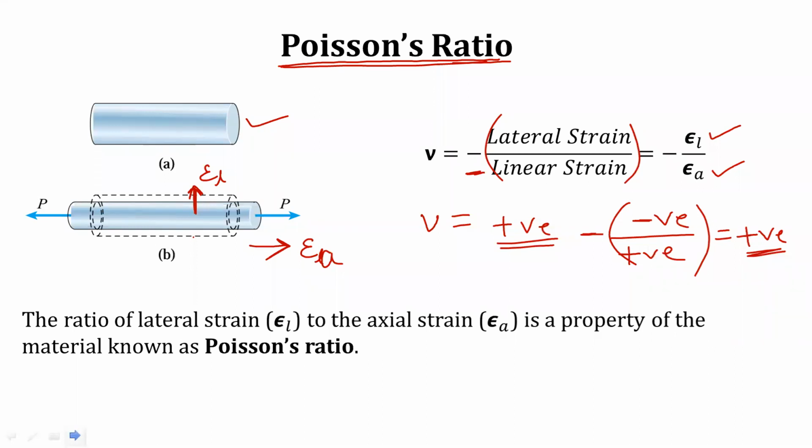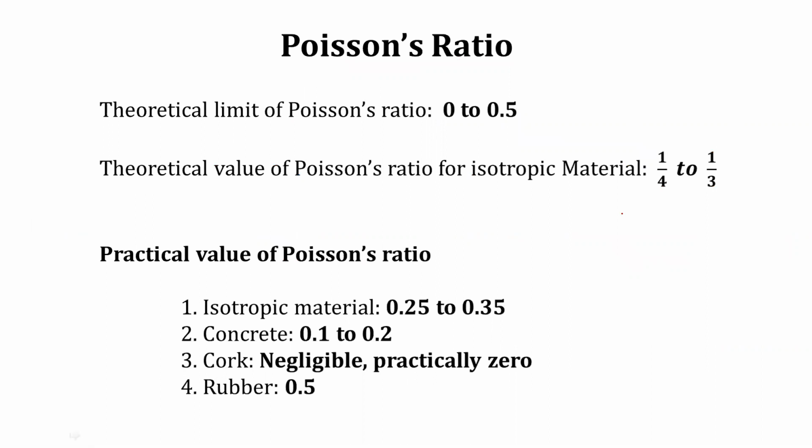Next, we'll see some values of Poisson's ratio. Theoretically, the limit for Poisson's ratio is minimum 0 and maximum 0.5. We will also prove this when we derive the formulas for elasticity constants. Then for isotropic material, the theoretical value is 1/4 to 1/3.